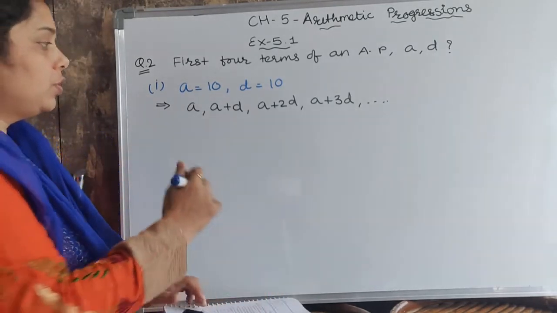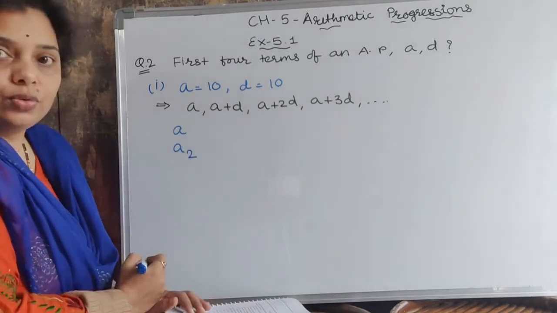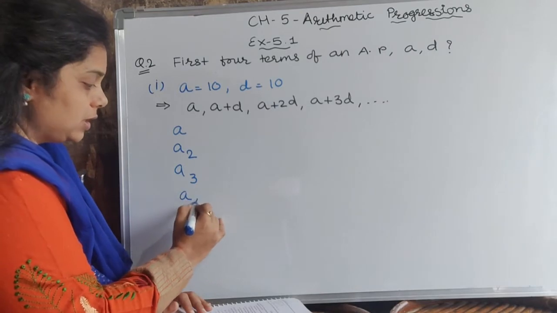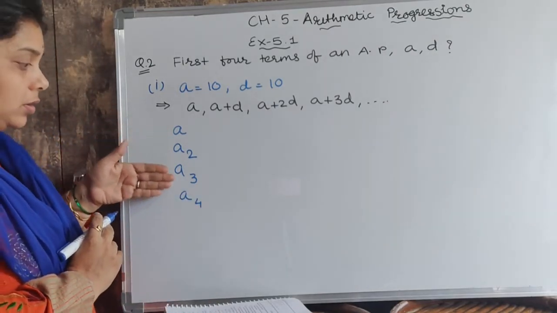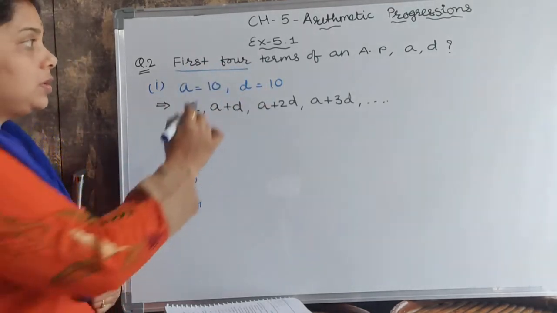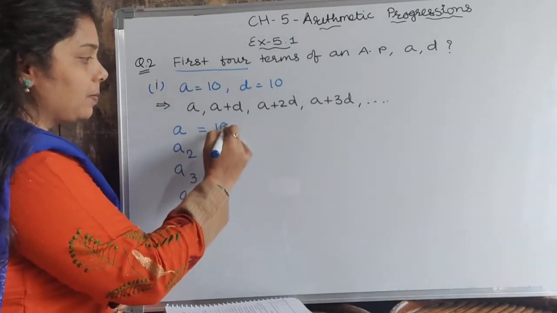We denote the first term as A, the second term as A2, the third term as A3, and the fourth term as A4. So we have to find the first, second, third, and fourth terms, because it asks for the first 4 terms. Out of the first 4 terms, the first term is already given, it is 10.